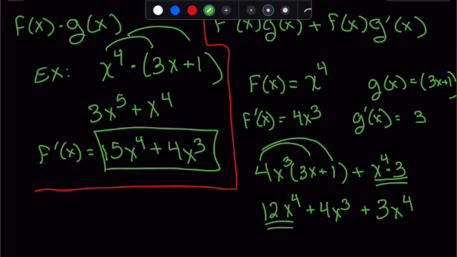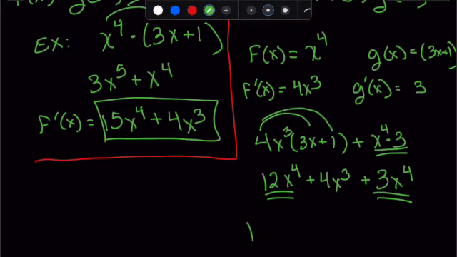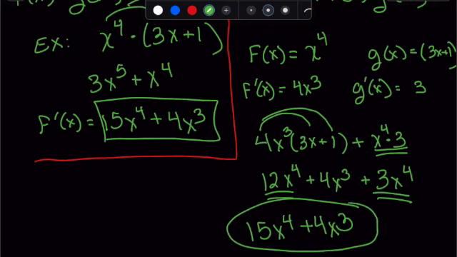Now we can combine our like terms of 12 and 3. And voila, 15x to the 4th plus 4x cubed. So remember, you can always do it a simpler way, but if the directions tell you to use the product rule, you have to use the product rule.